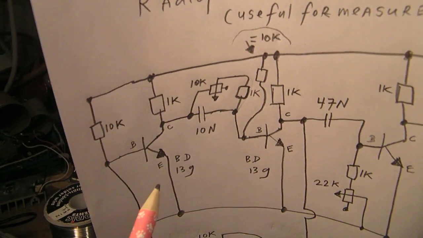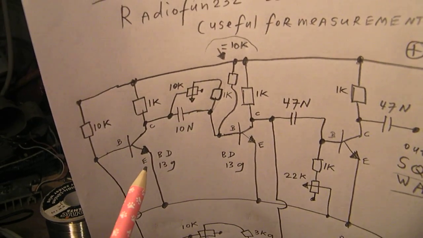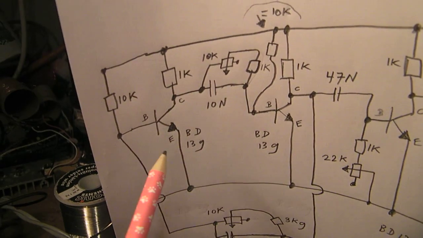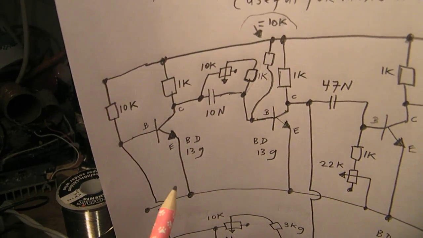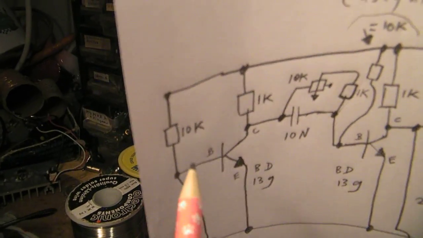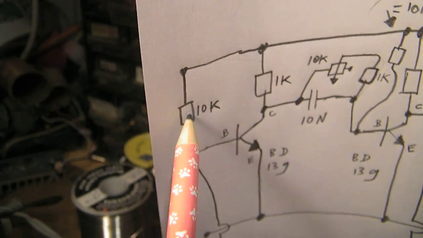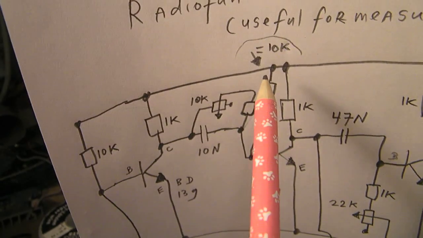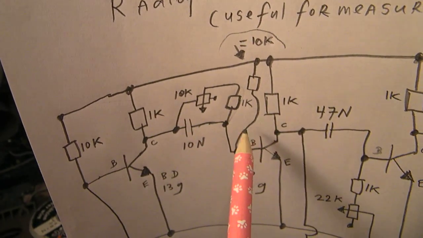And of course we have to give such a transistor, in this case an NPN transistor, a positive voltage on its base. That's done by this 10K resistor and by this 10K resistor.